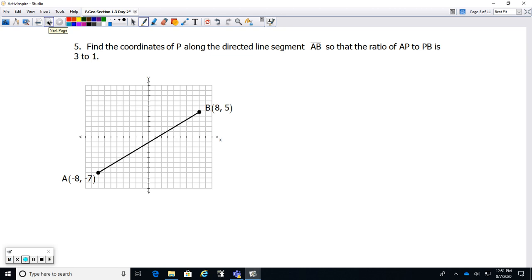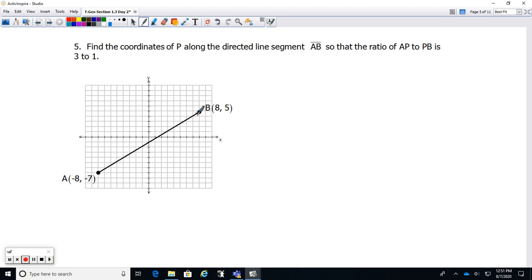So sometimes you'll just have to count them out and make sure they still work out. So we have the next section. It says we have a line here, and I want to go along this line somehow and put a new point somewhere. Maybe here, that would be almost the middle. I don't want it to be the middle. I want it to be 3 to 1, so maybe farther into it. I want this section to be 3 times bigger than the final section.